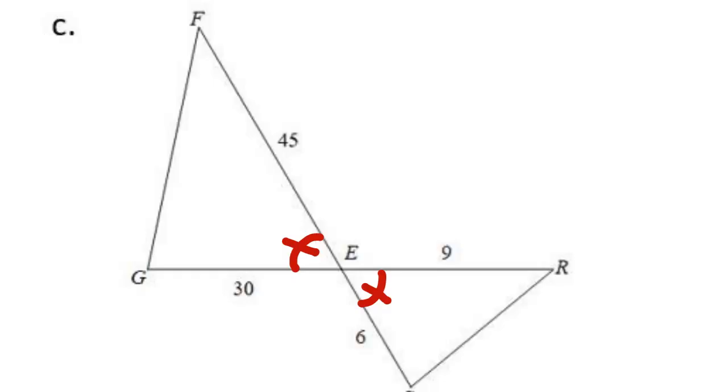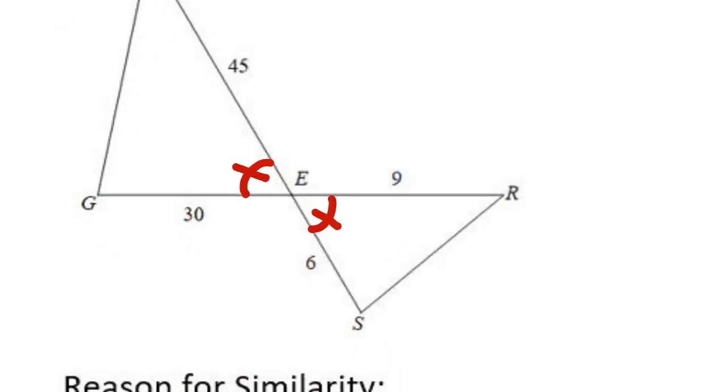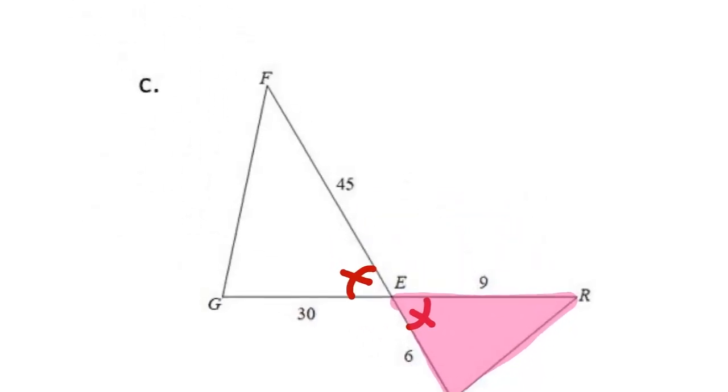Can I try to use angle-angle similarity here? No. Can I try to use side-angle-side similarity here? I can't try to use side-angle-side? Look at it closer, please. Oh, yeah. Yes. Side-angle-side I can try to use.